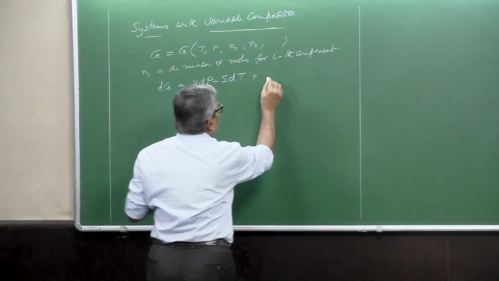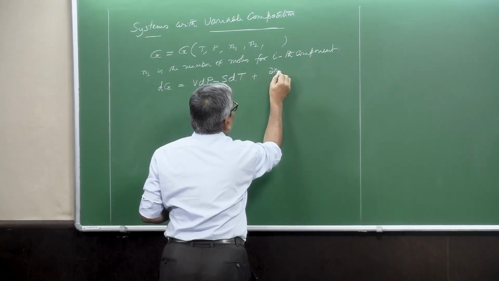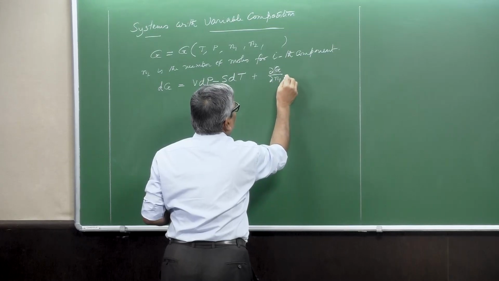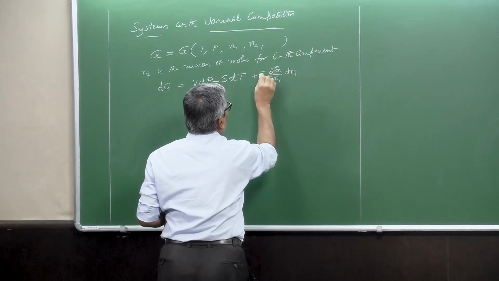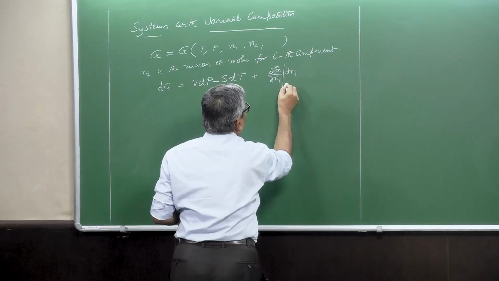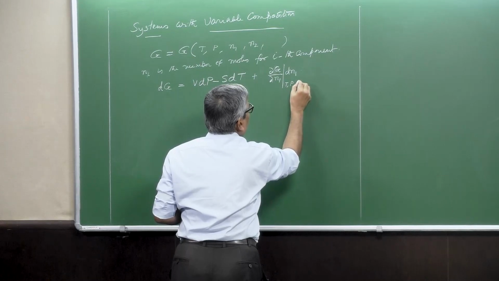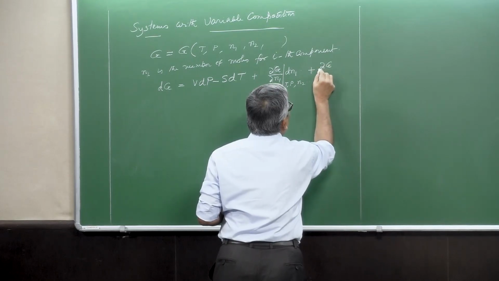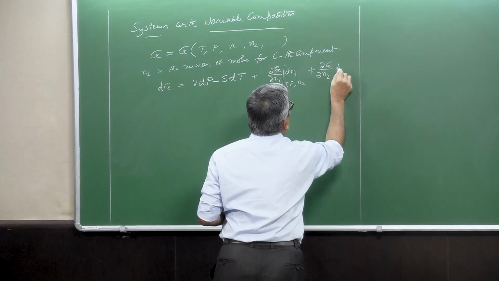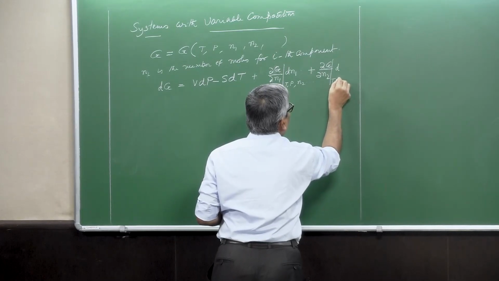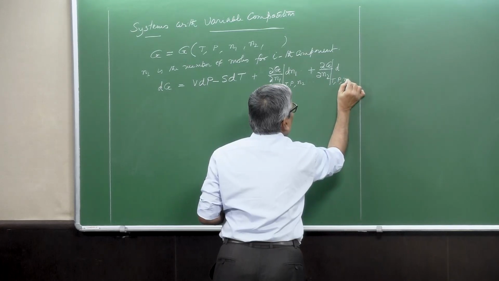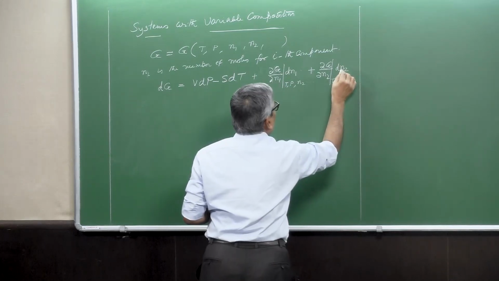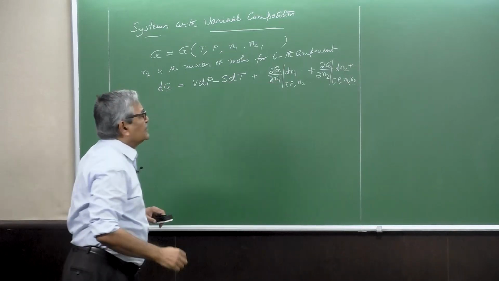The change in free energy is also associated with other things, if we vary these mole numbers: del G del N1 at constant T, P, N2 and so on, times dN1, plus similarly del G del N2 at constant T, P, N1, N3 and so on, times dN2, plus the change in other components.